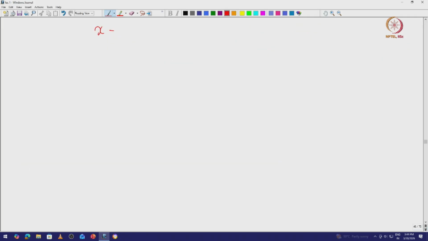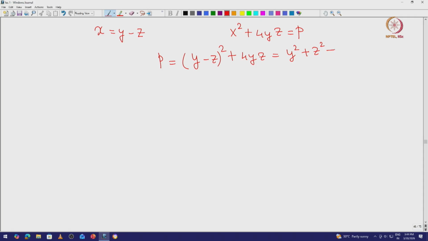Suppose x equals y minus z, then we have this equation x square plus 4yz is p, then that would tell you that (y minus z) square plus 4yz is equal to p. But (y minus z) square is y square plus z square minus 2yz, plus 4yz, which gives us exactly (y plus z) whole square.